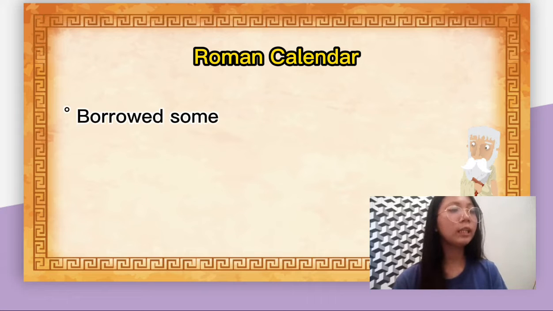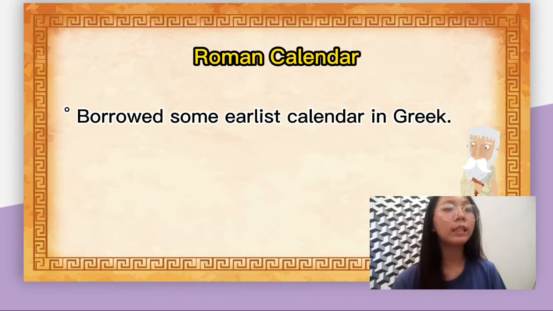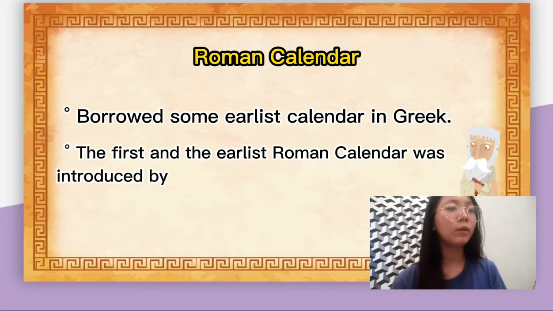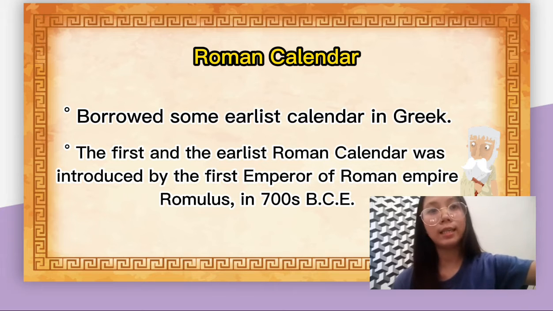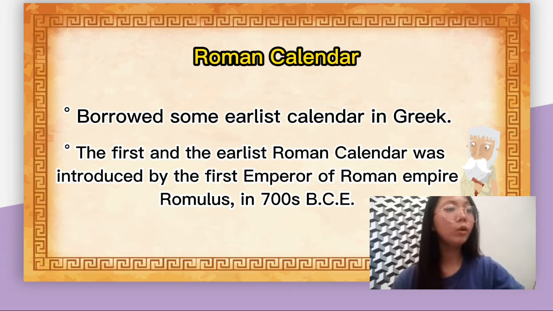So next is the Roman calendar. The Roman calendar borrowed some of the earliest calendars from the Greeks. The first and earliest Roman calendar was introduced by the first king of Rome, Romulus, in the 700s before the Christian era. Numa Pompilius, the legendary second king of Rome, added January and February to the calendar, which made it 300 days.